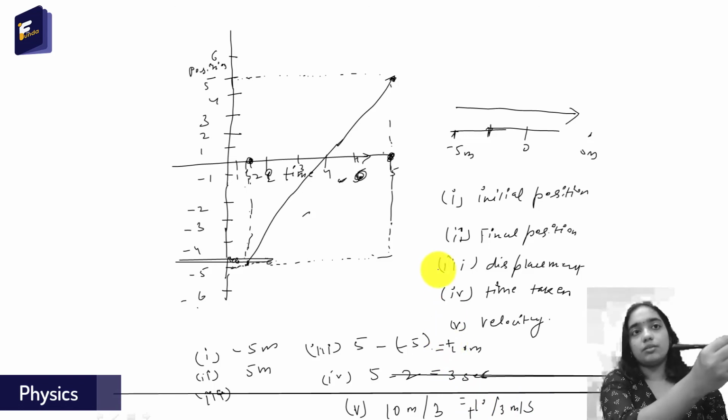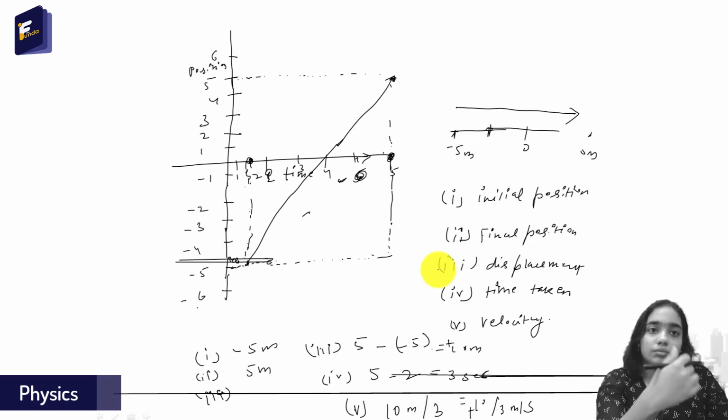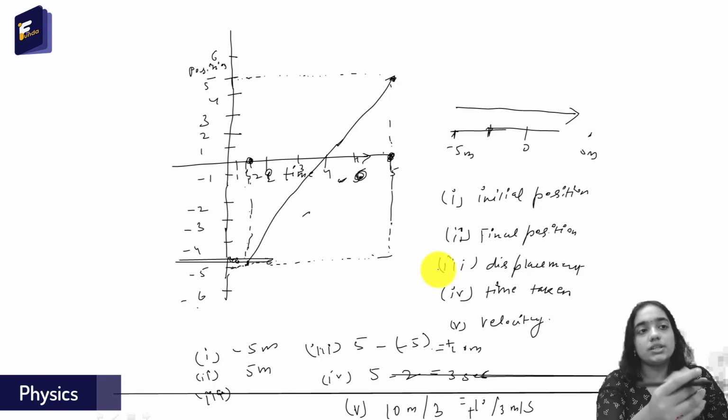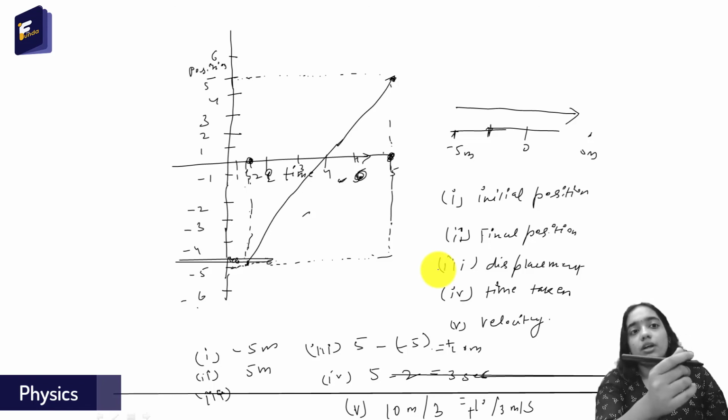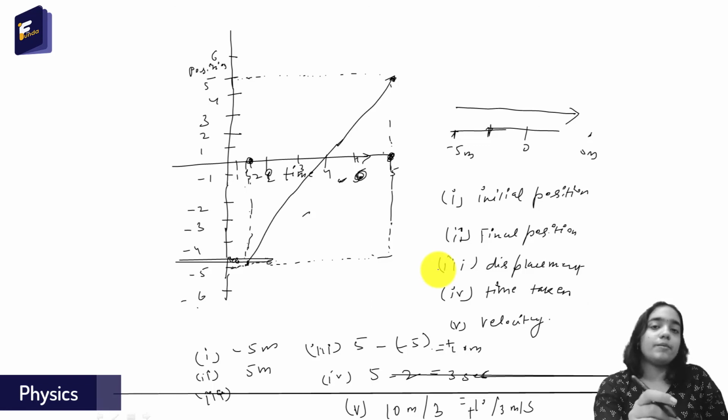That means it has moved towards the right, with an average velocity of 10 by 3 meter per second. The plus sign indicates that it has traveled towards the right side because we have taken right as positive.